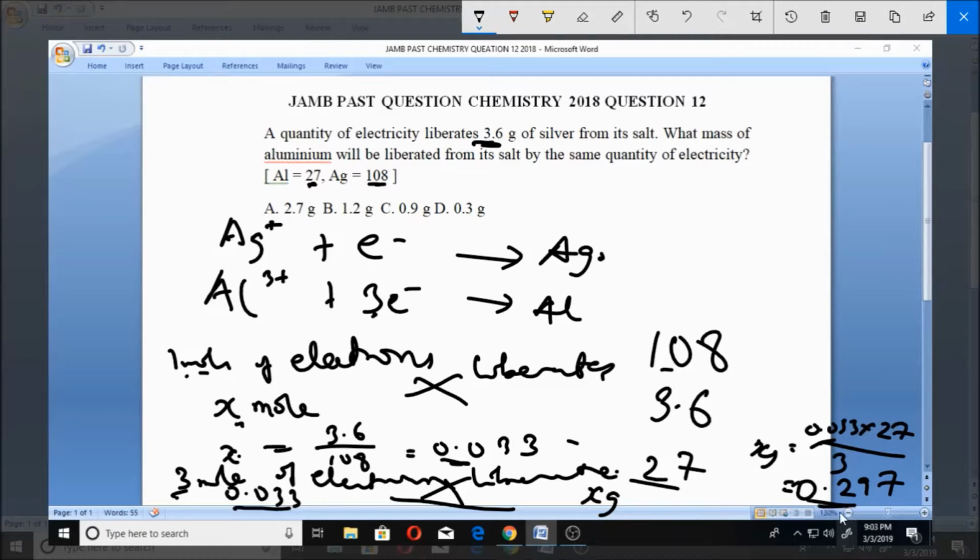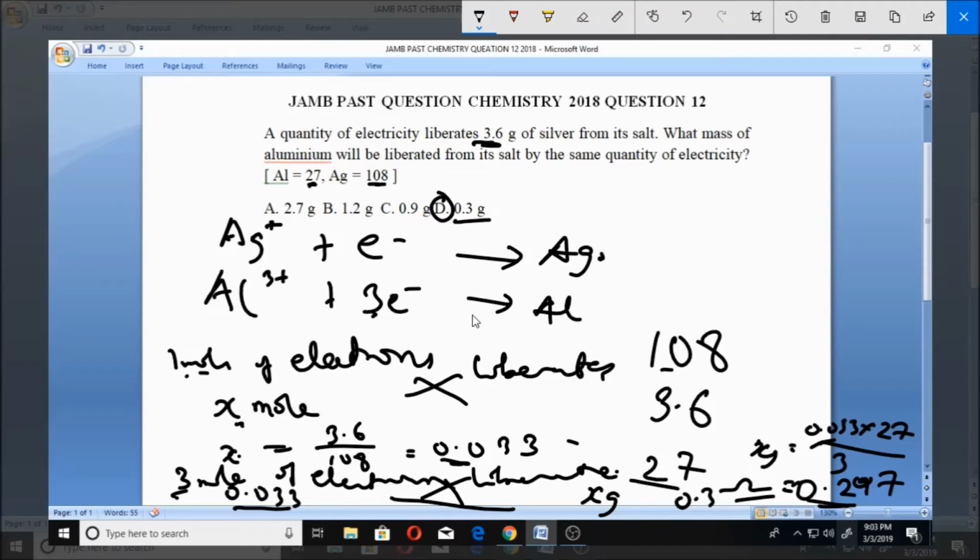So this is the mass that will be liberated, 0.297, and this is approximately equal to 0.3, because it ends in 9, so you can approximate it to 0.3 gram. So the right option is D, 0.3 grams.